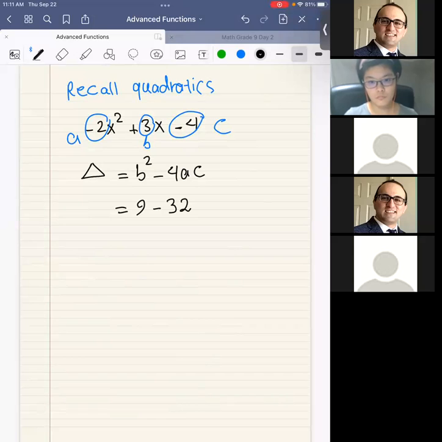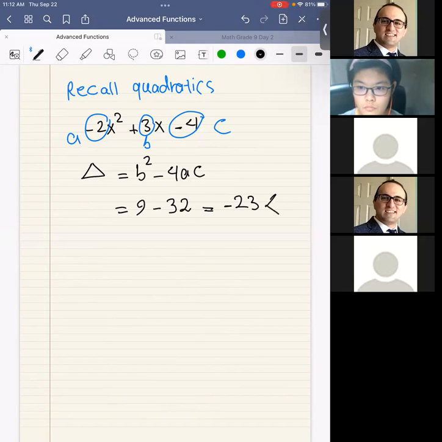So it's 9 minus 32, which is equal to minus 23.